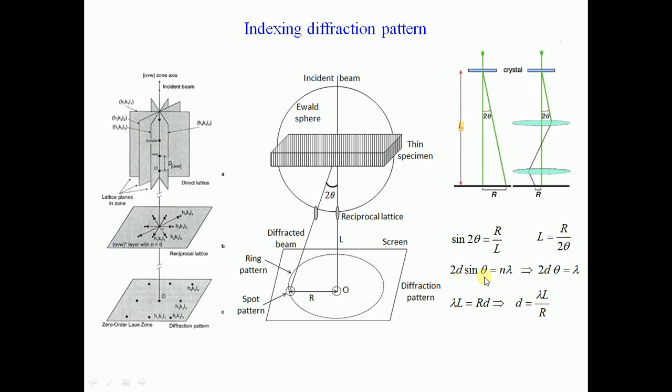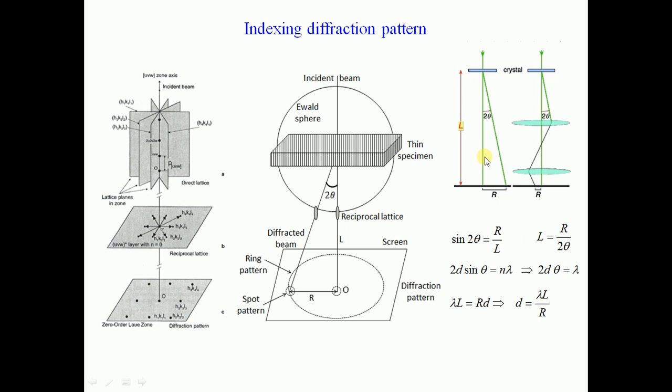Now, 2d sine theta is equal to n lambda can also be written, because sine theta is equal to theta and n can be 1, and therefore 2d theta is equal to lambda. So if you equate these two, you get d is equal to lambda L by R. So the interplanar spacing is equal to lambda L by R.